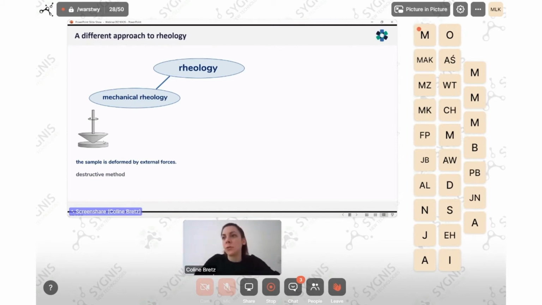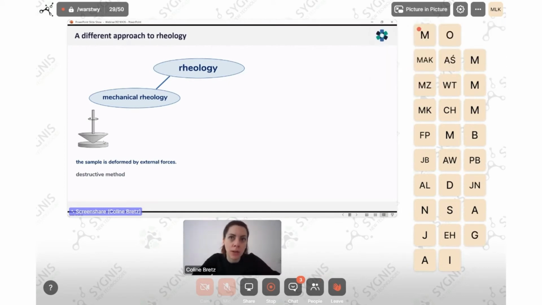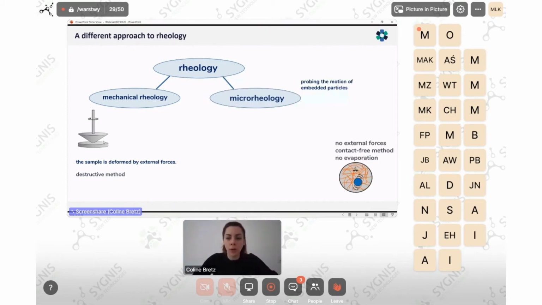Basically, this constitutes a very destructive method that is not always desired, especially when working on materials that do not have high viscoelastic moduli, when you're working with rather brittle materials. So another way to conduct rheology is to do microrheology, where one probes the motion of embedded particles in the material.